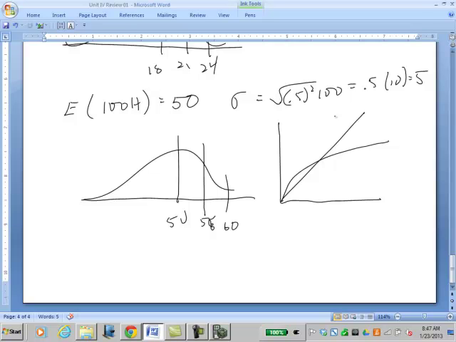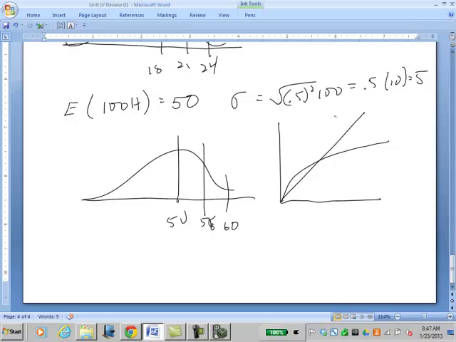Does that make sense? If you toss it once, you can get 0 heads. If you toss it 2 times, you could get 2 heads, or no heads, or whatever. And the variance is going to be big, right?